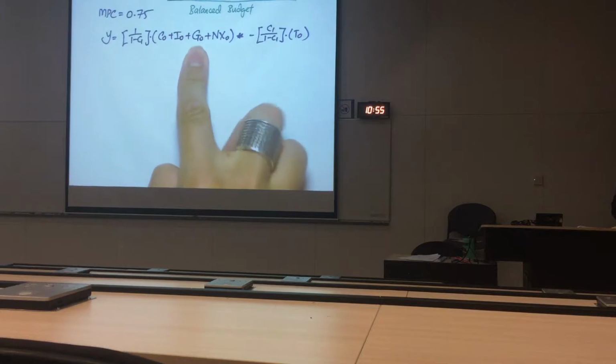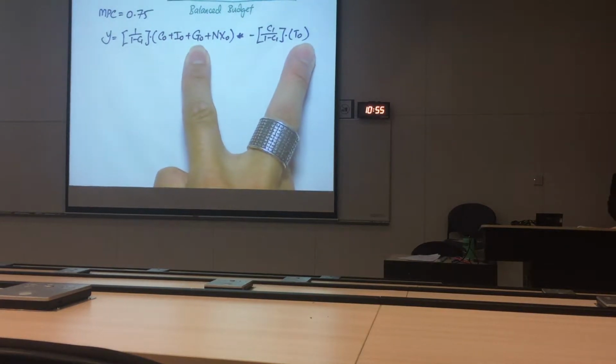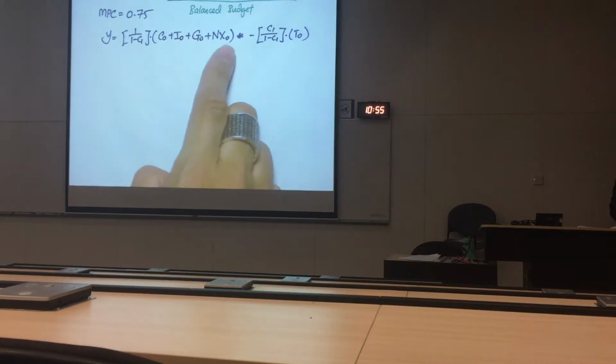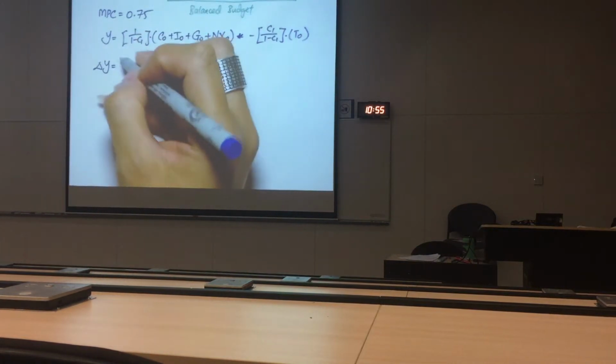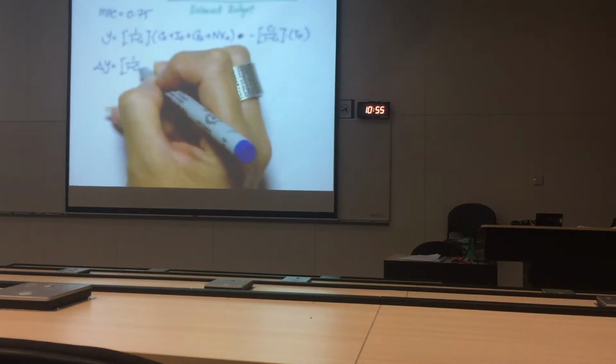So if the G and the T are the only things that change, then the rest you can simply ignore. So in other words, the change in Y will therefore be this.